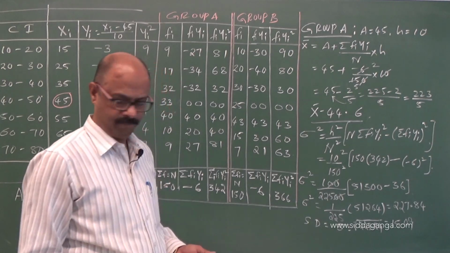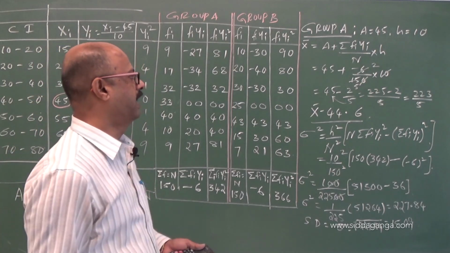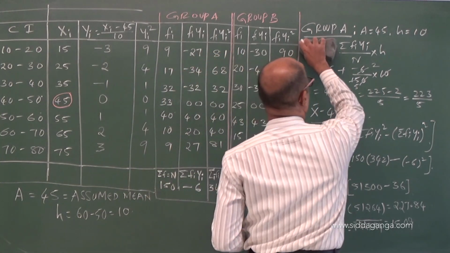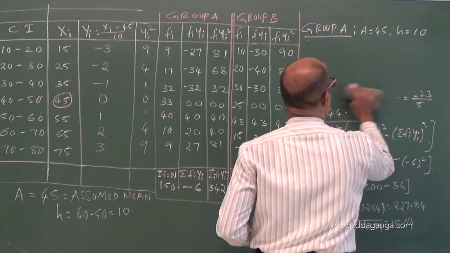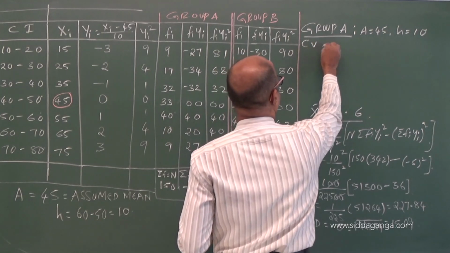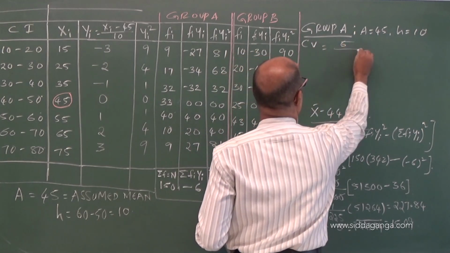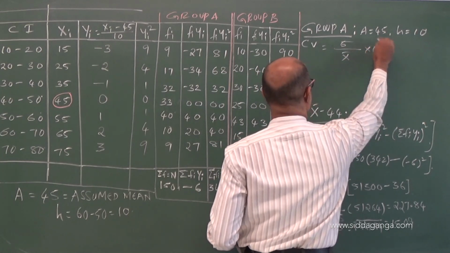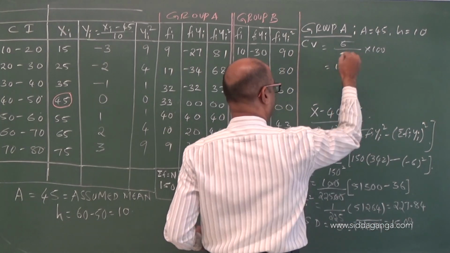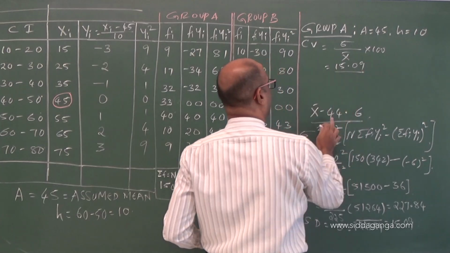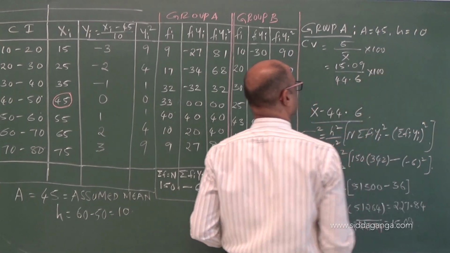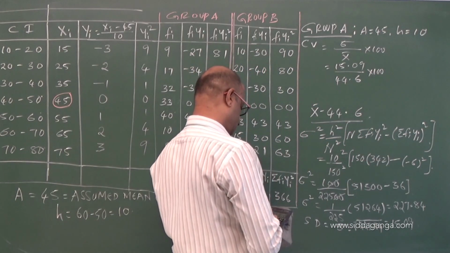After finding SD, we have to find CV. CV of group A. CV is given by sigma divided by x bar into 100. Sigma is 15.09 divided by x bar, which is 44.6, into 100.